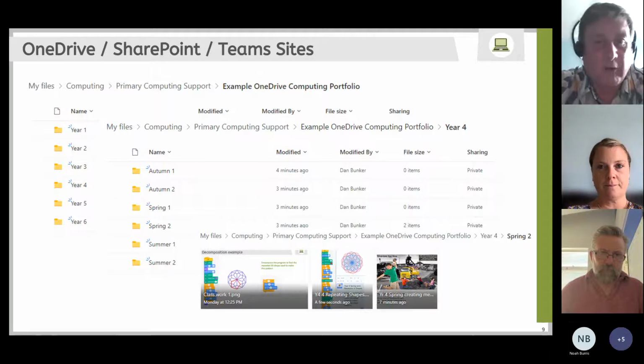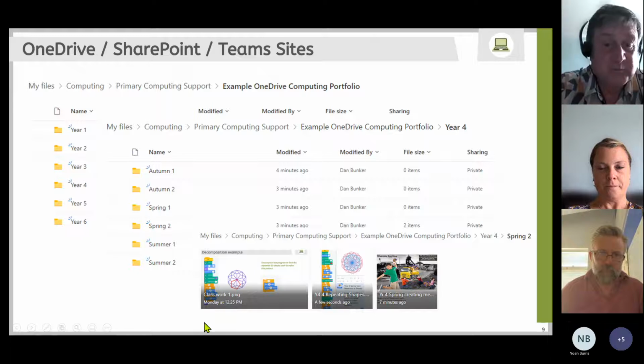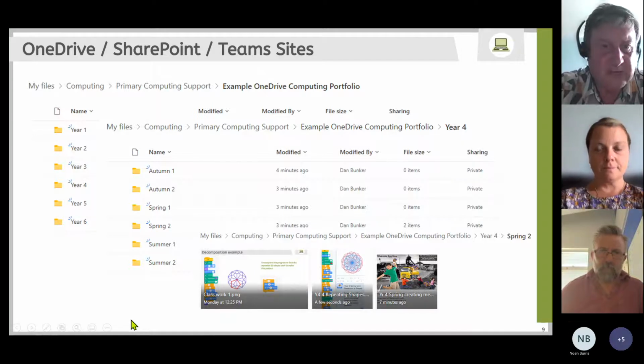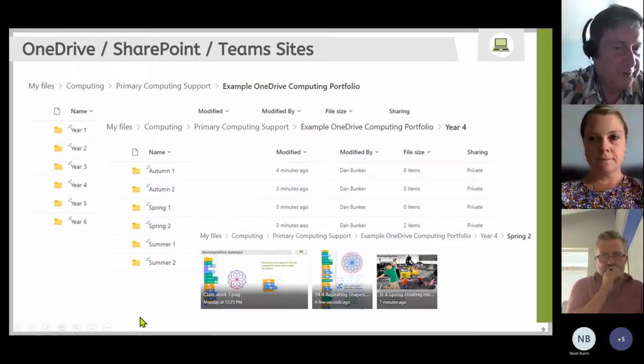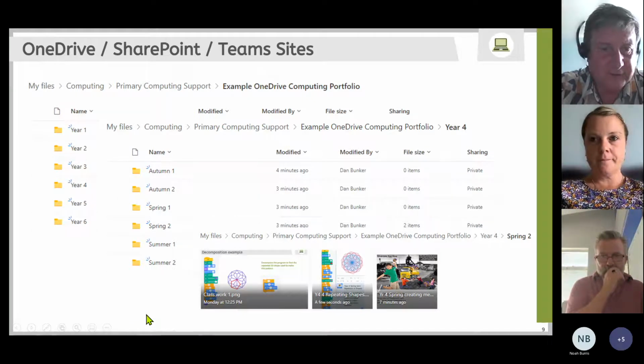So this is one particular structure you could use to bring everyone together and start putting some evidence together in a central place where you can look at it, and then teachers can also look back on what was done in previous years, and get that sense of continuity and progression over the curriculum.